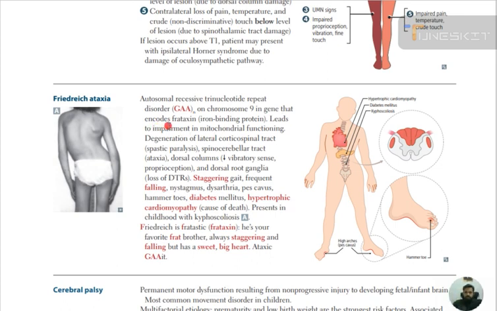It leads to impairment in mitochondrial functioning, degeneration of the lateral corticospinal tract, spastic paralysis, spinocerebellar tract ataxia, and dorsal column degeneration with decreased vibratory sense and proprioception, and dorsal root ganglion loss.